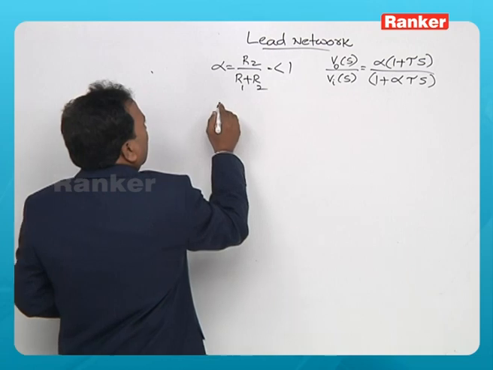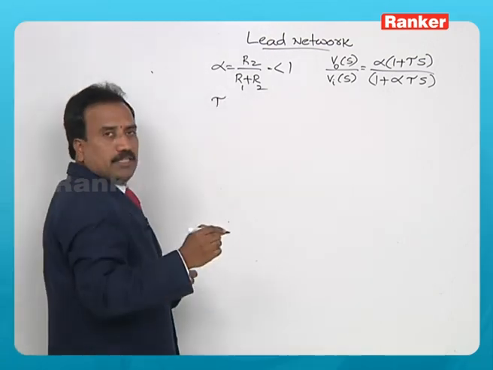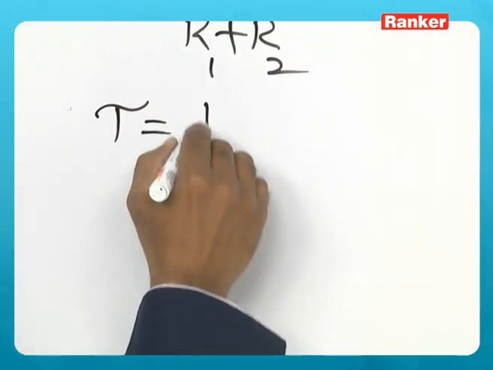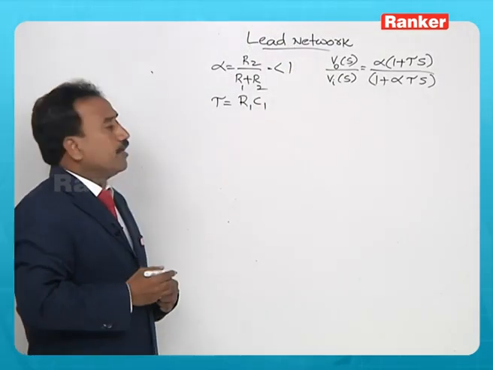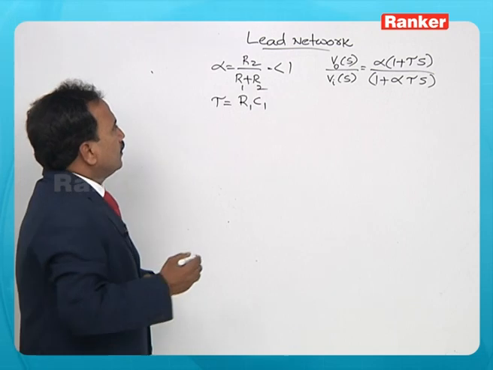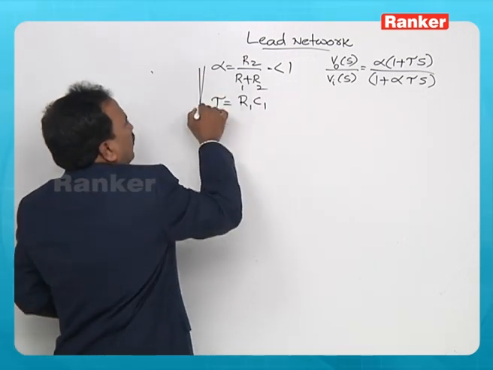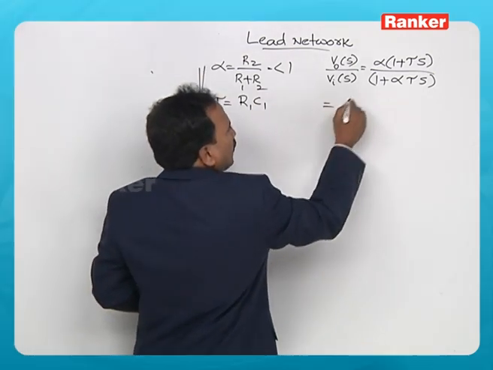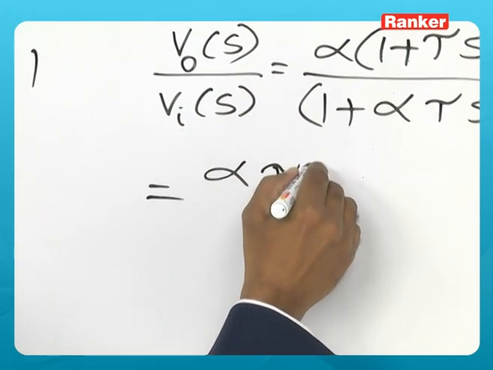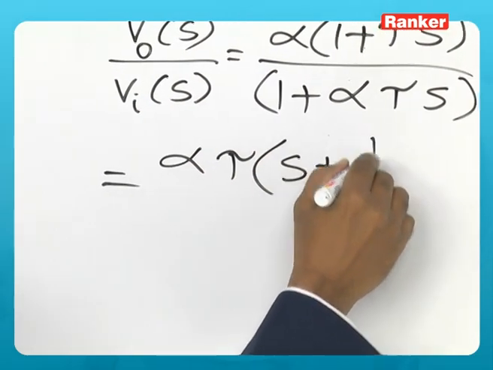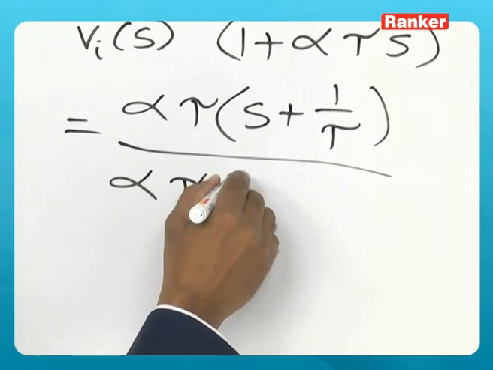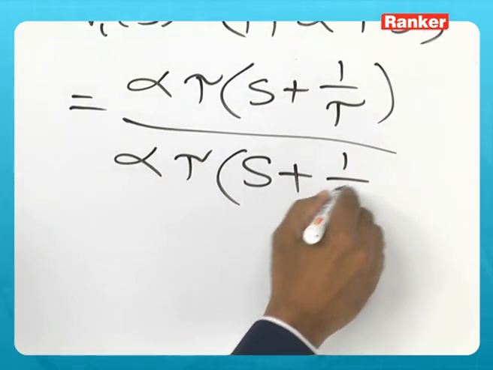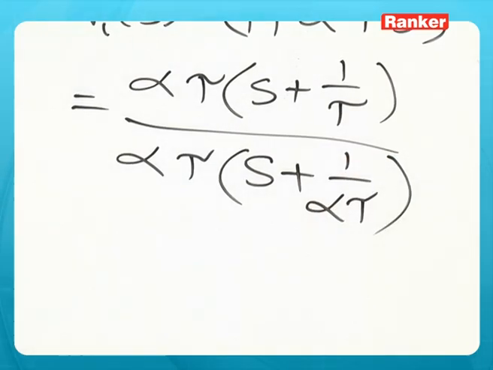And the other constant tau is the time constant of the RC circuit of the lead network, given by R1 C1. Now further simplification of this: if you take tau out, it can be written as s plus 1 by tau, and if you take alpha tau out, it can be written as s plus 1 by alpha tau.